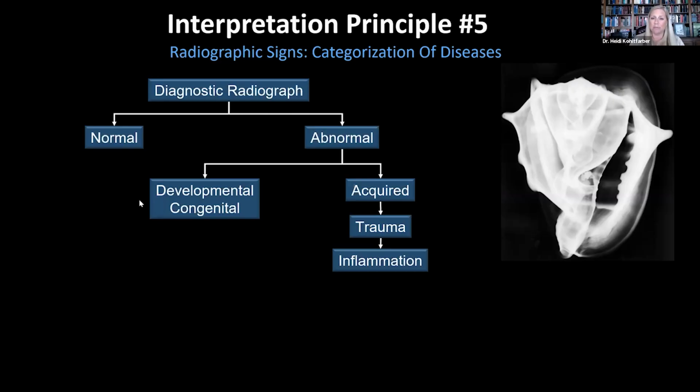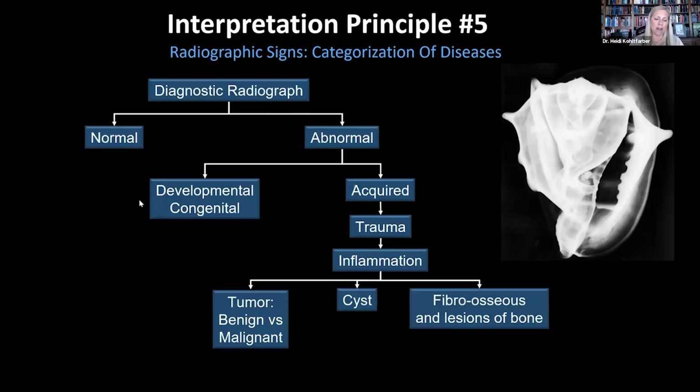And that's probably going to be about 95% of what we see. About 5% of the time, we might see maybe a hydrostatic appearance. That would be a cyst. We can see a benign fibro-osseous entity or lesion of bone. Typically, those have a ground glass appearance, a mixed density appearance. And then occasionally, we might see a benign versus a malignant tumor.